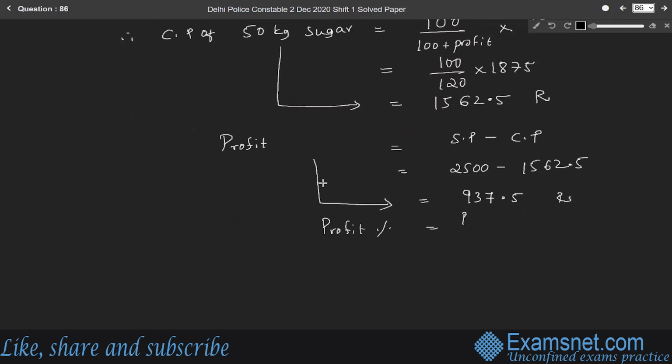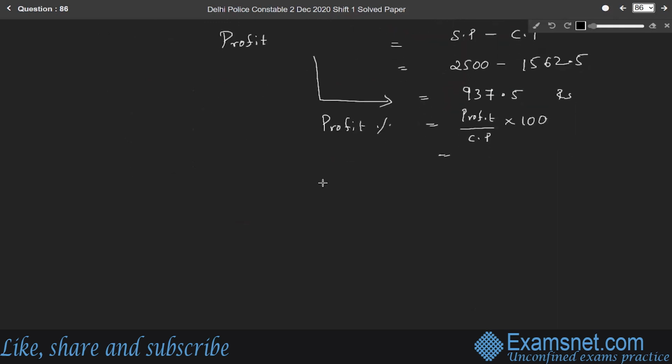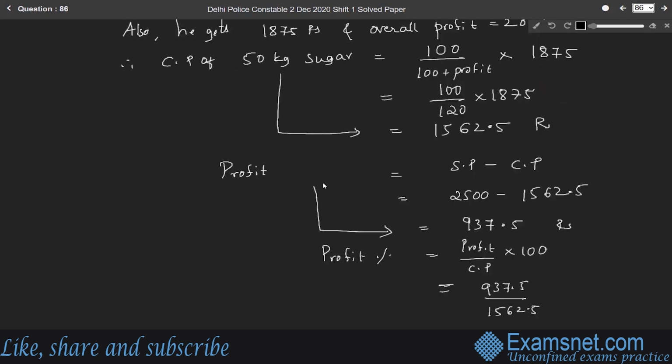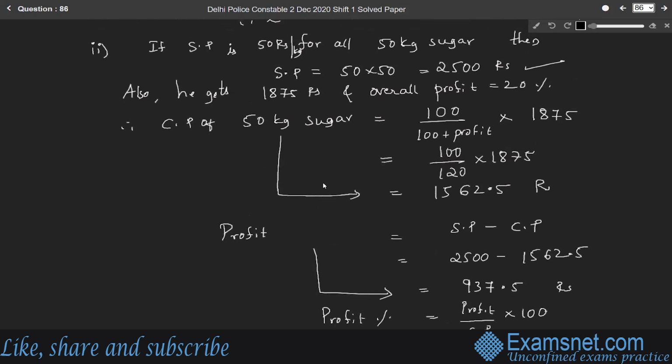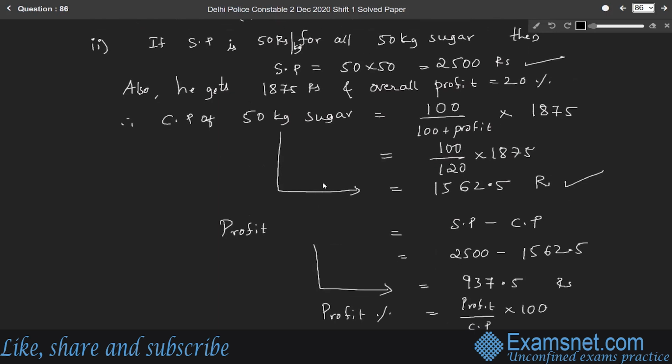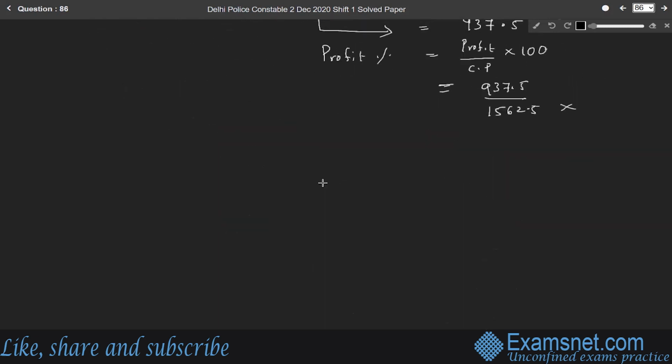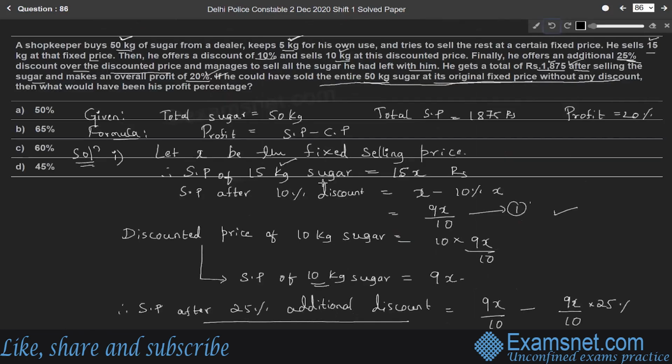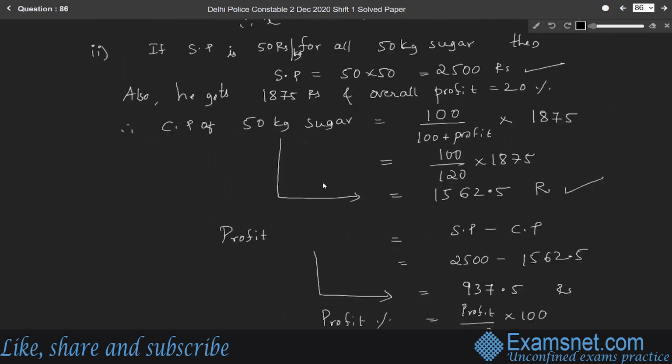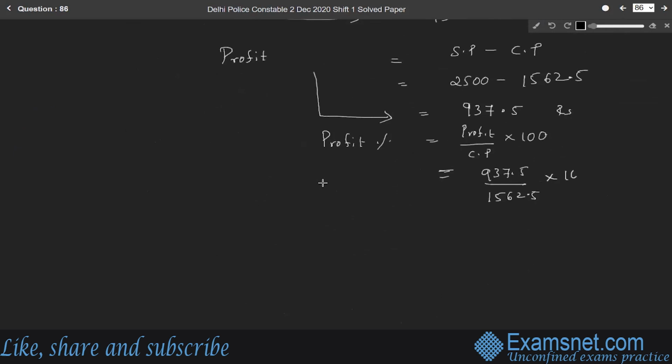Therefore, profit percentage becomes profit by cost price into 100. So what is profit here? 937.5 by cost price, which is 1562.5, already we have calculated, into 100.